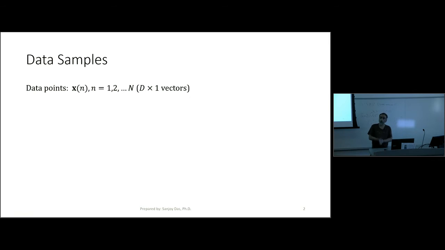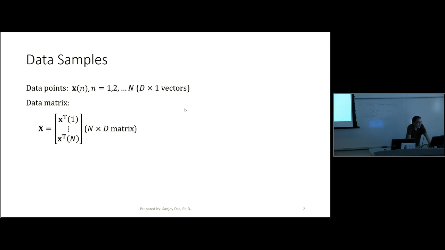If we are looking at coordinates of cities in the United States, each city is a sample, and D is 2 because we have two coordinates. And so this is the data matrix. Uppercase bold X is a data matrix.